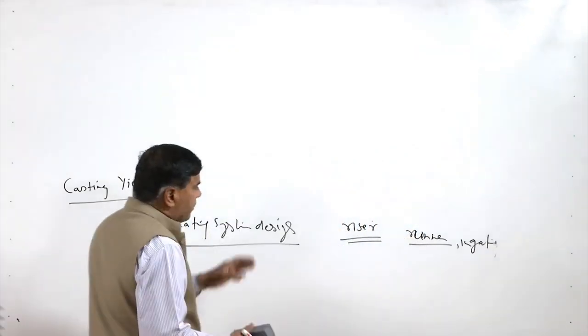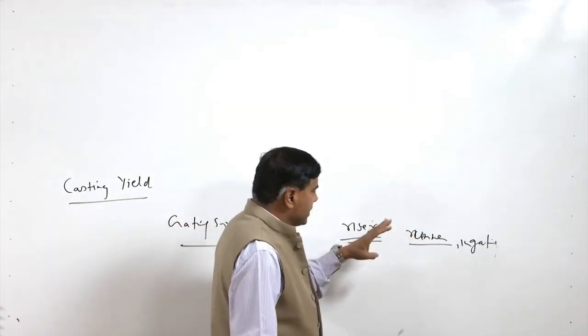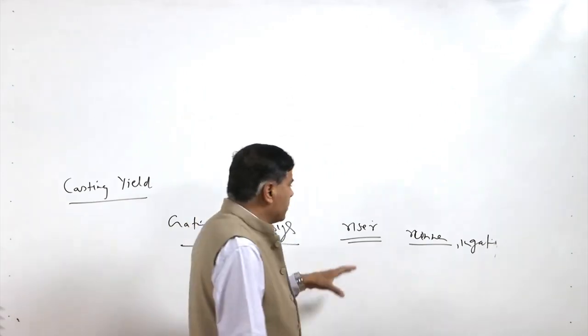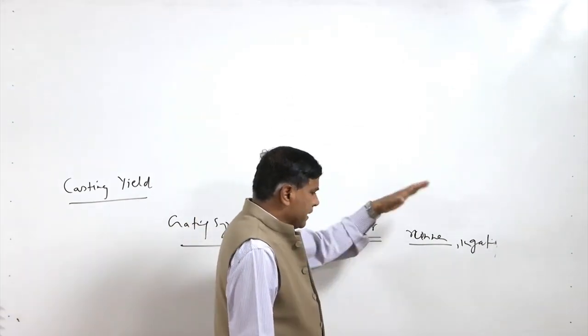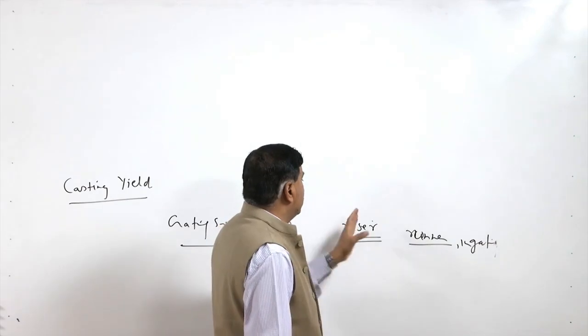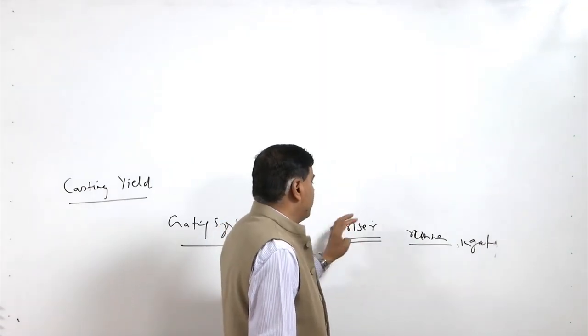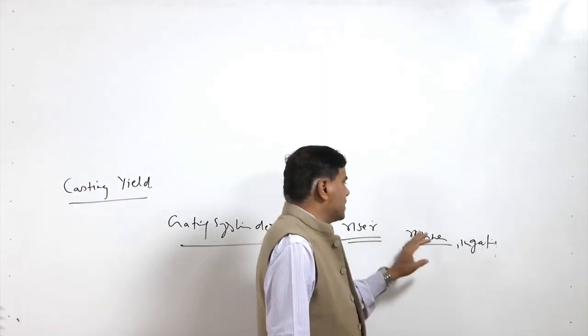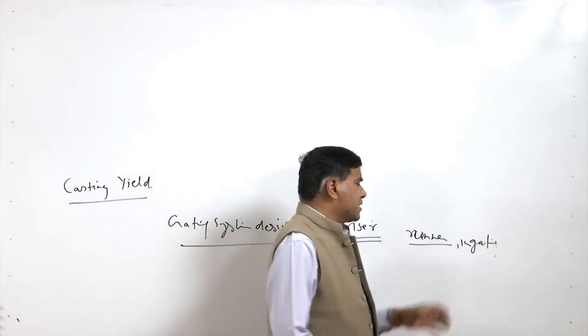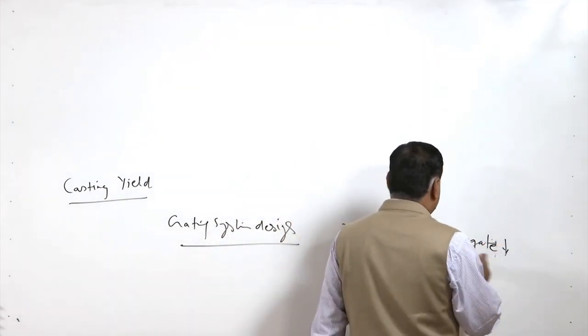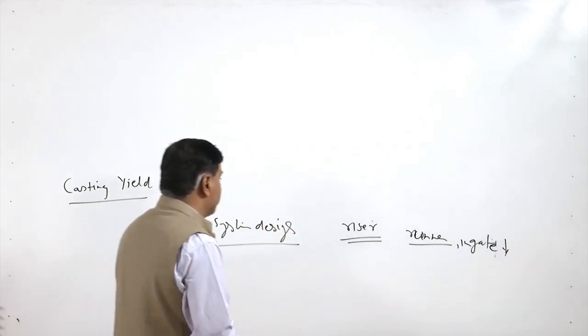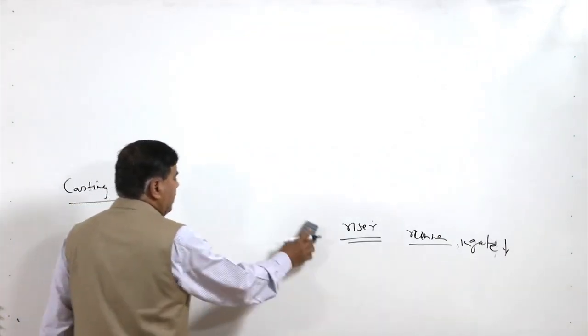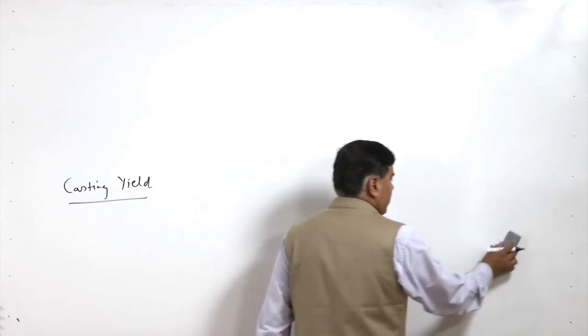So, if the gating system is designed in such a way that the mass of the molten metal required for making a casting of a given size, then the risering mass of the molten metal to be fed into the riser, runner and the gating system in gates, if it is less, then this in turn will be increasing the casting yield for a given mass of the casting.